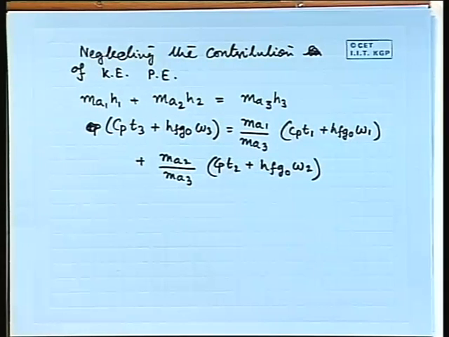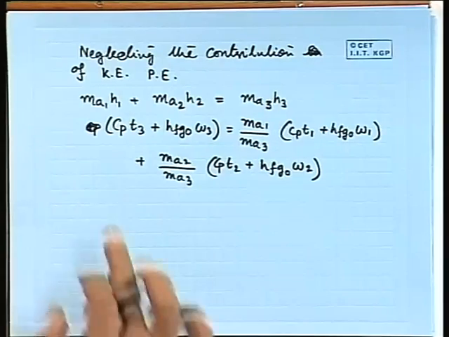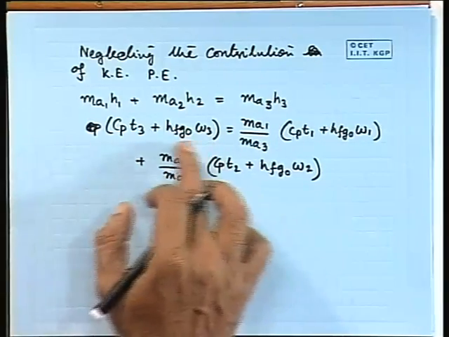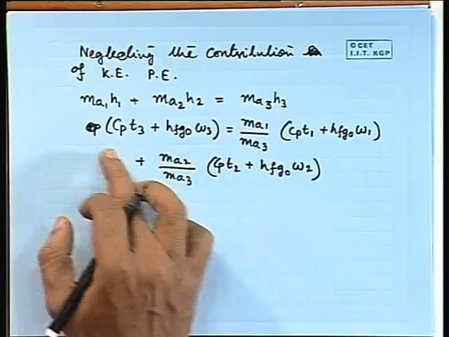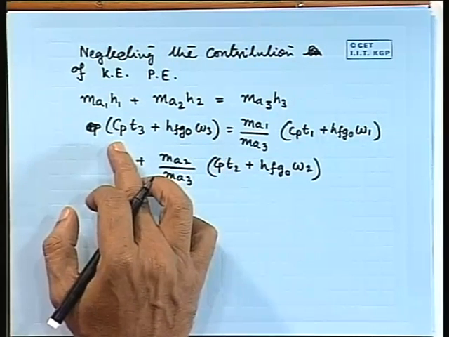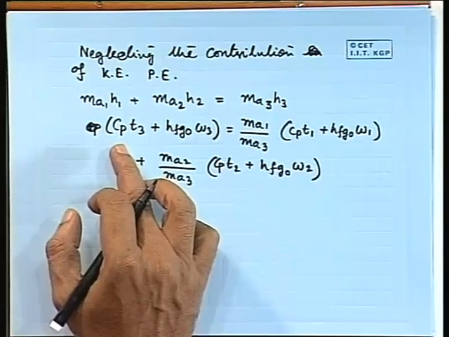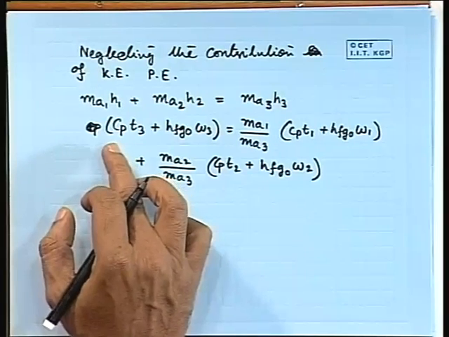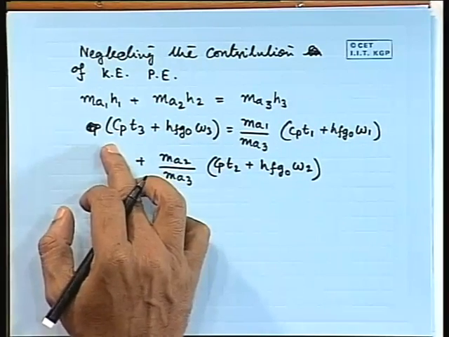So, this is what I can write. This formula I have already introduced. Cp means the mixture specific heat, and here the air specific heat and water vapor specific heat will come. So, that way it has been written.